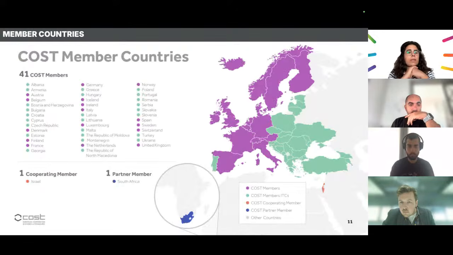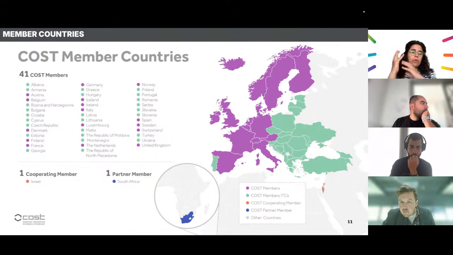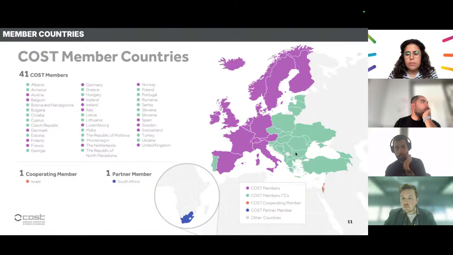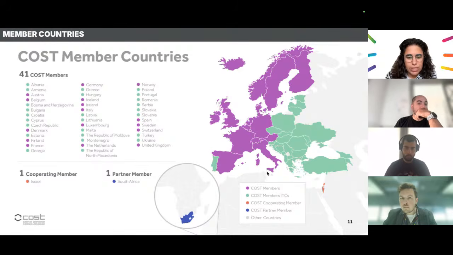COST differentiates between what they call ITC and non-ITC countries. ITC stands for Inclusiveness Target Countries, which on this map are represented in green.